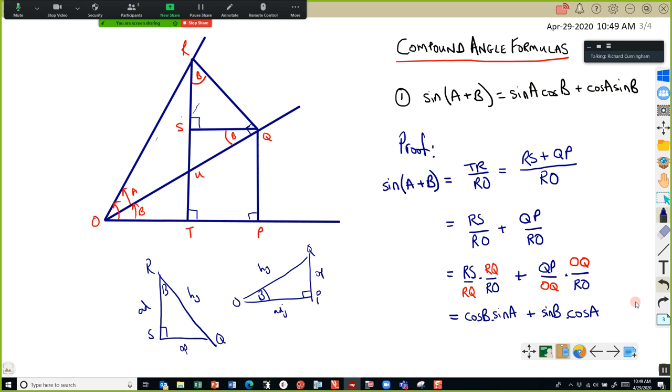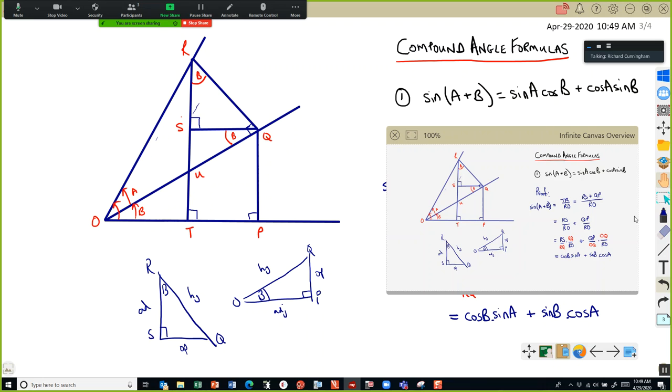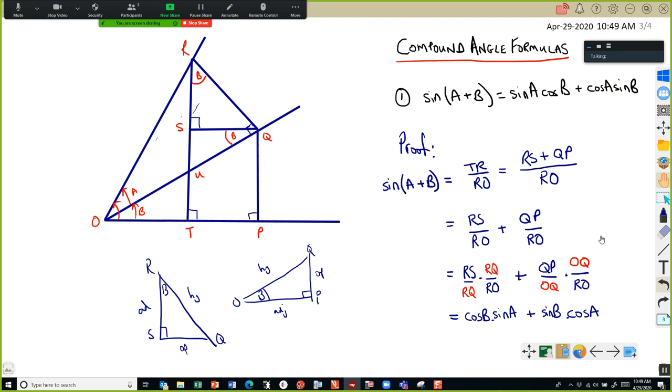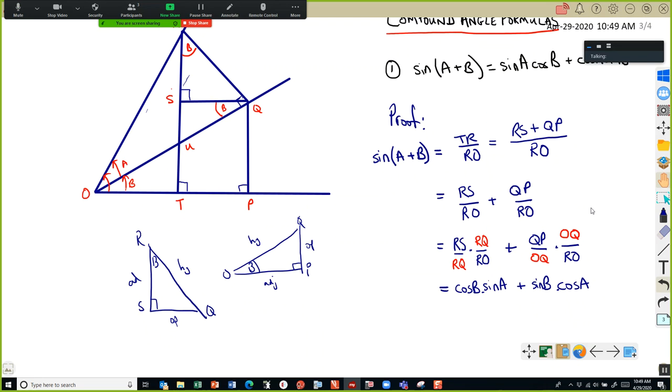And so there we have proven our first compound angle formula. How did we find that? And the thing is, in the exam, they wouldn't just say prove that sine A plus B equals this.